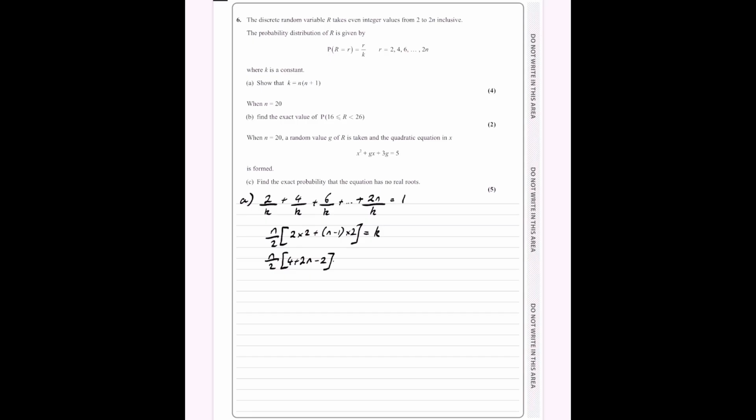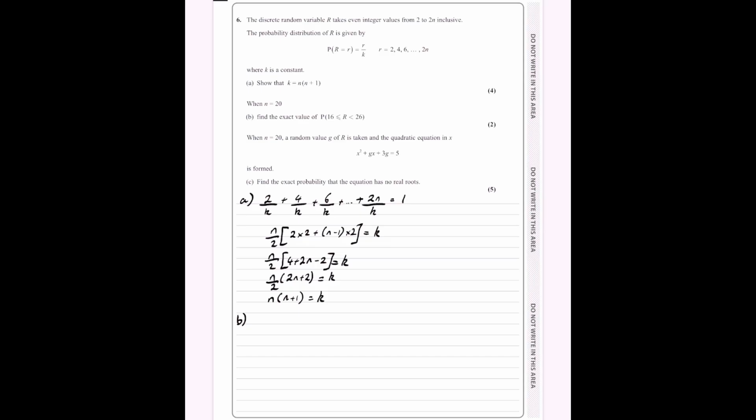Simplify what's inside the brackets. And we get n over 2 lots of 2n plus 2 equals k, and cancel the 2's. So n times n plus 1 is equal to k, which is what the question wanted.